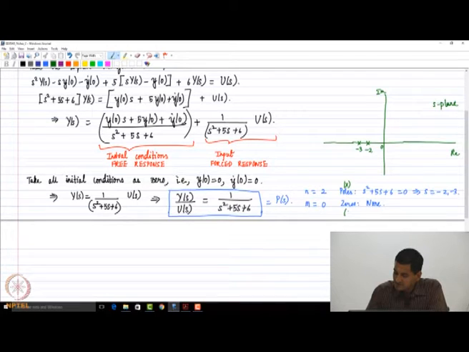The zeros are graphically denoted by a small circle, like an O, in the complex plane. In this problem, since we do not have a zero, I'm not drawing anything there. Please don't confuse the origin with a 0. That is the origin, and the zero is a small circle that we draw.